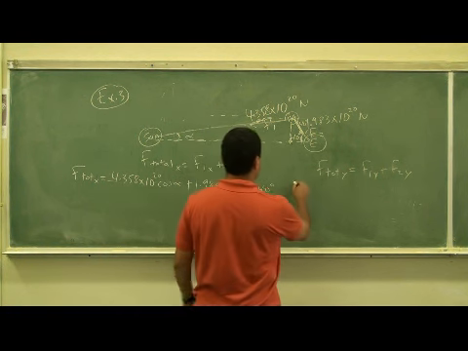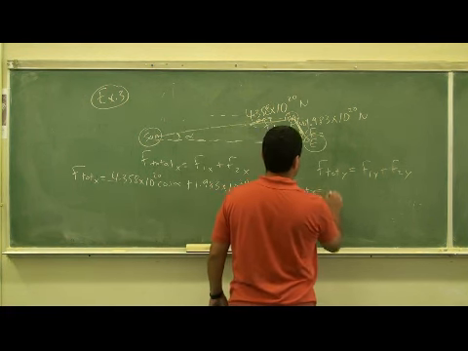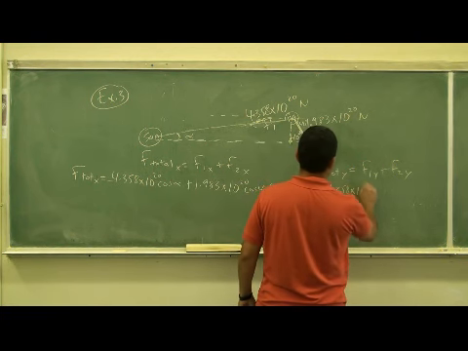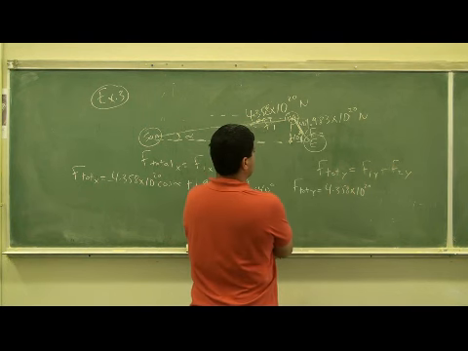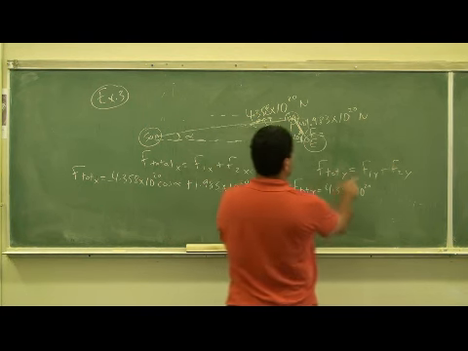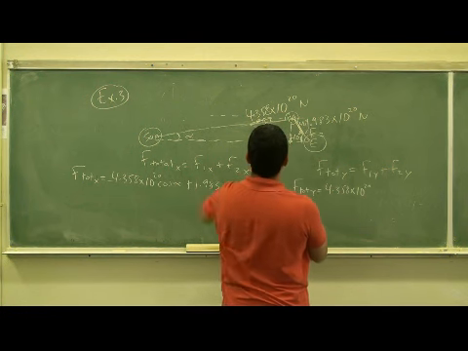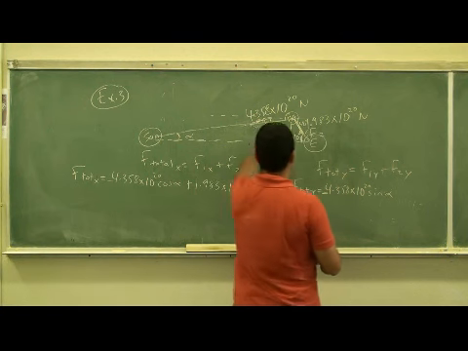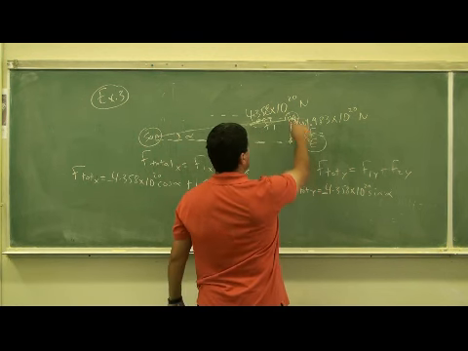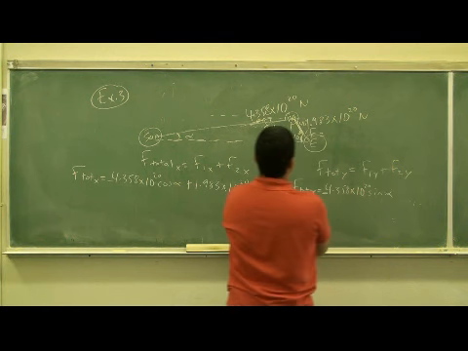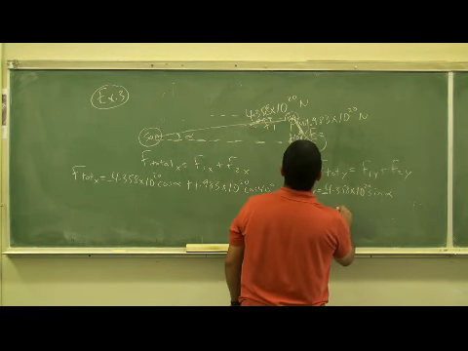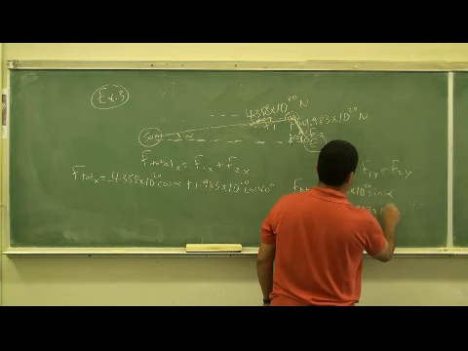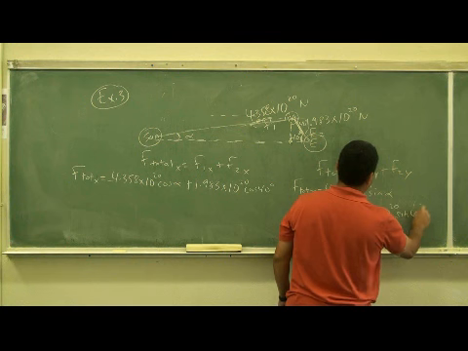And then over here, F total y is going to equal 4.358 times 10 to the 20th times sine of alpha, but negative because it's down, and then minus F2, so it's going to equal negative 1.983 times 10 to the 20th sine of 40.